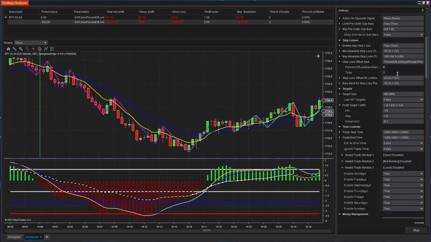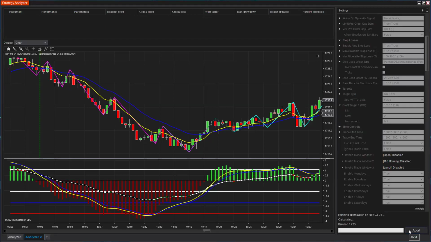And then let's look at profit factor. Again, and let's check it out. And then we'll run it this way first, and then we're going to go back to the previous time that we're looking to optimize.